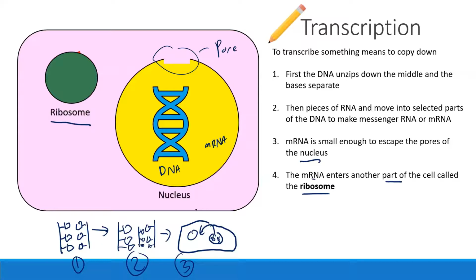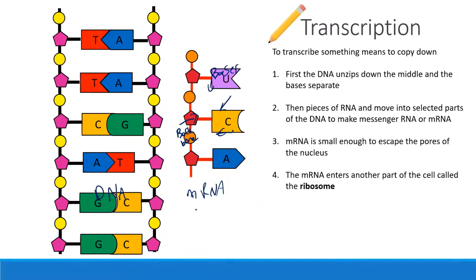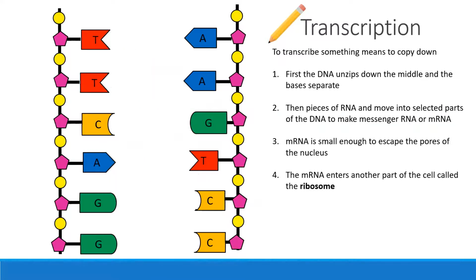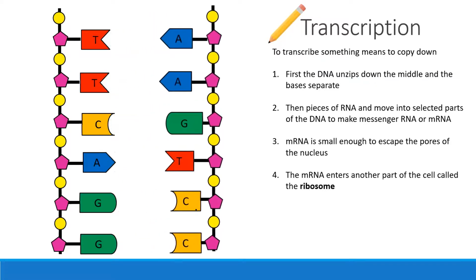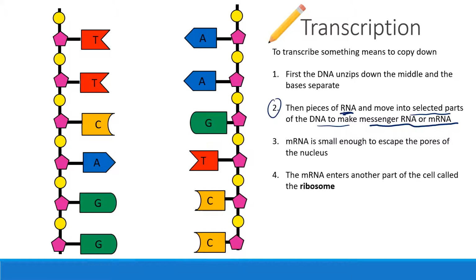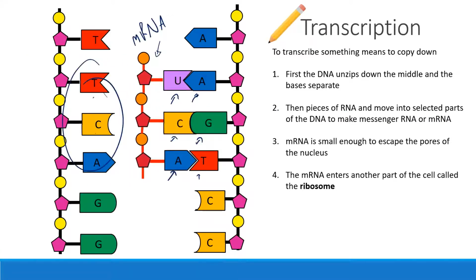What do you unzip? Okay, the DNA gets unzipped. So watch, like that. As I unzip it, I'm going to move each of these bases apart. This is how it unzips. Then after it unzips, I copy one half.